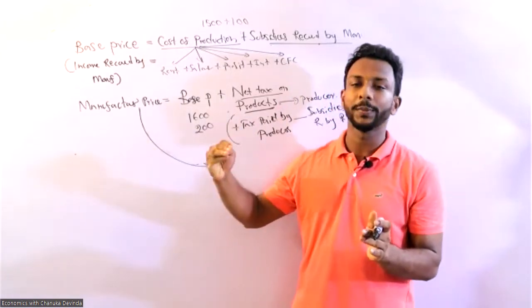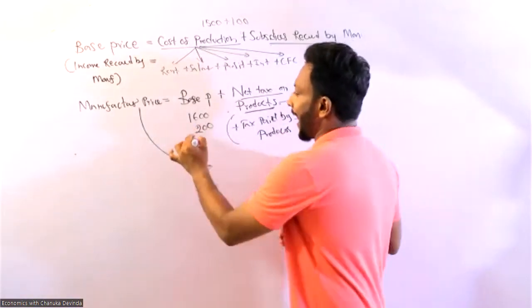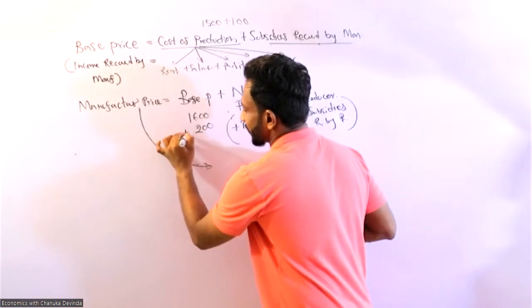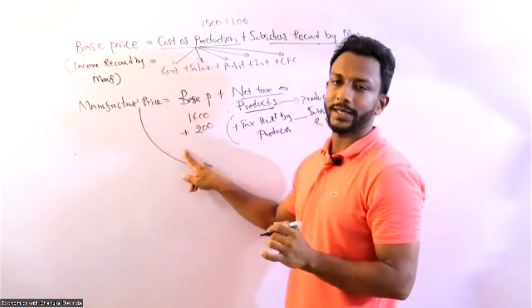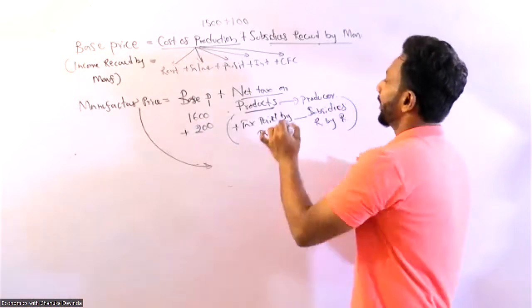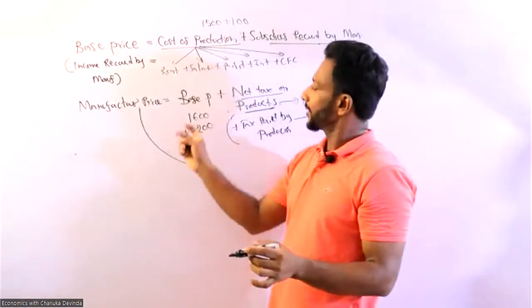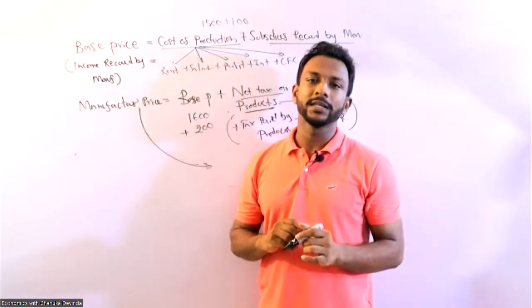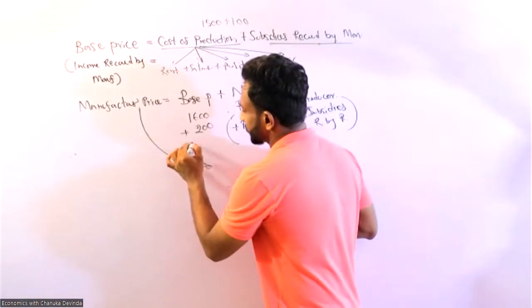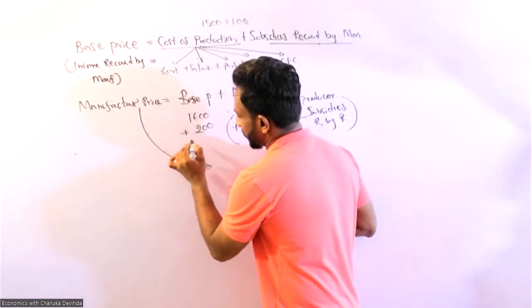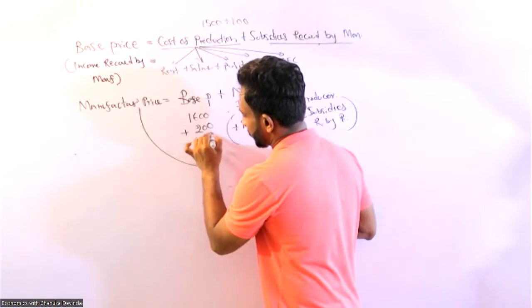He will add it to the price, and he already received 100 as subsidy, so he can deduct that 100, right?